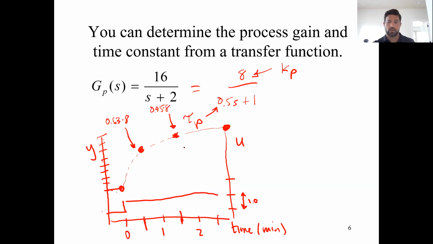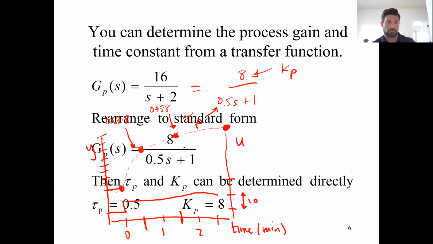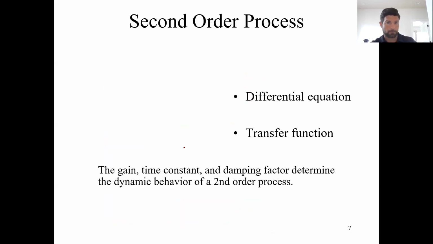First order. Okay, so now, in addition to a first order process, we're going to look at second order processes. For a second order process, we can write the differential equation.